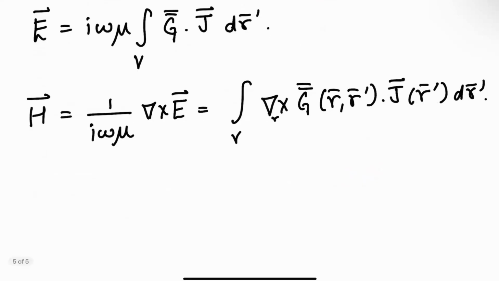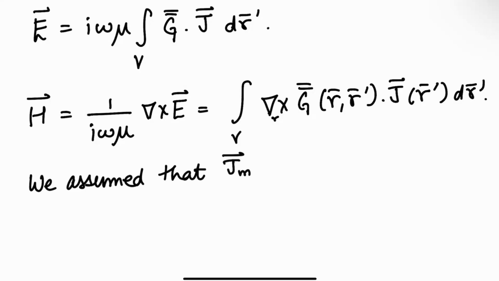Okay, so in this entire derivation, we assumed that Jm, there are no magnetic currents, equal to 0. Okay, but we can go back and do the same thing when we have Jm not equal to 0 and J equal to 0. Right?